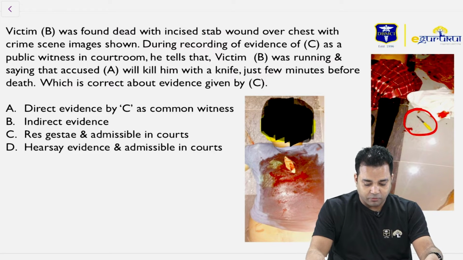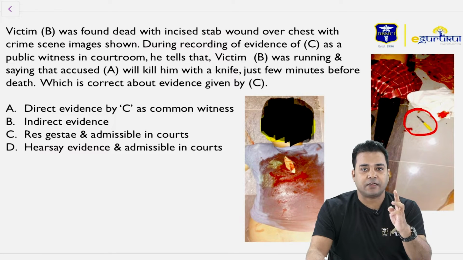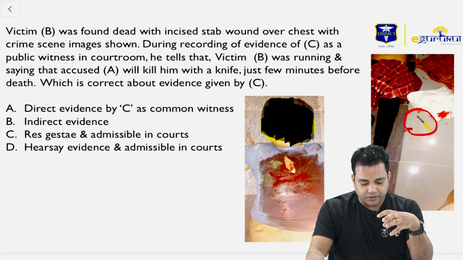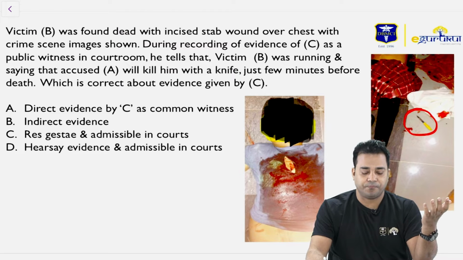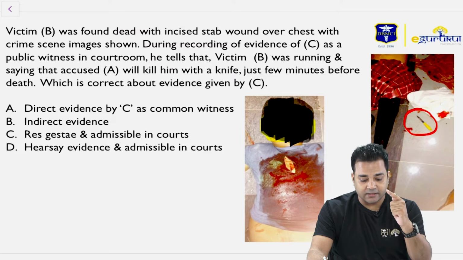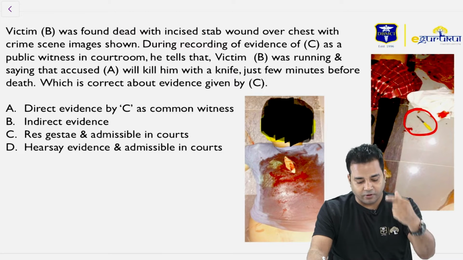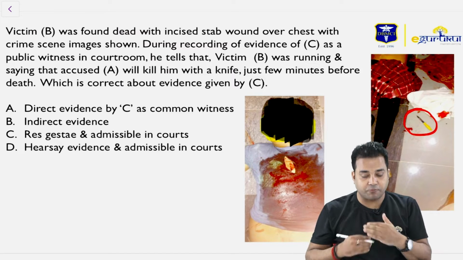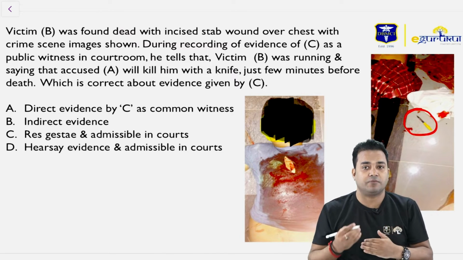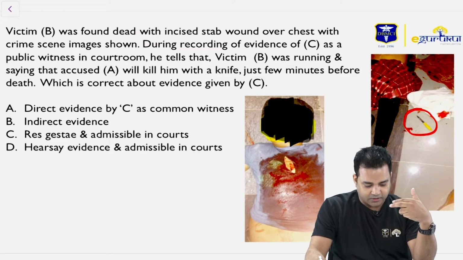Now during recording of evidence of this case of a person C as a public witness in courtroom, what this witness tells in the courtroom is that victim B was running and saying that accused A will kill him. Now this witness has not seen the actual crime, but he had heard something from the victim that yes, he is going to be killed by someone. At what time? Just few minutes before death of the victim. What is correct about the evidence given by C? These are your 4 options.